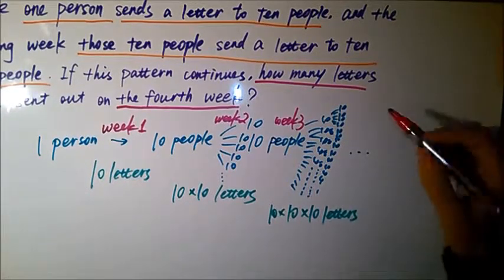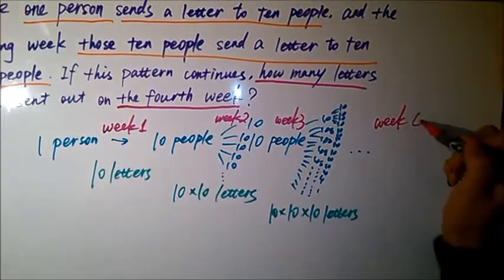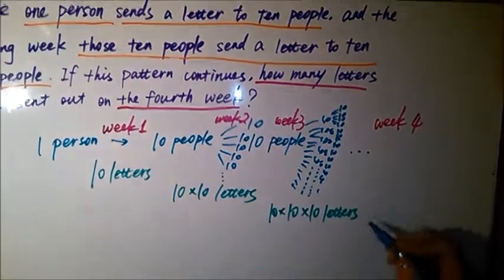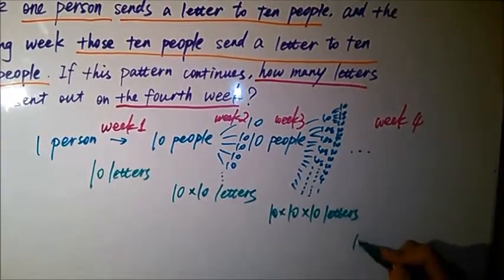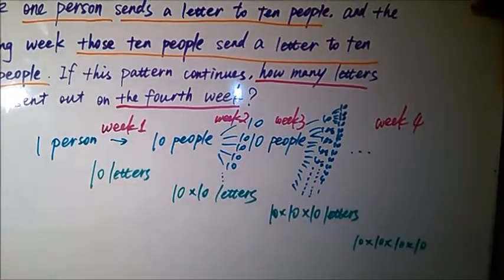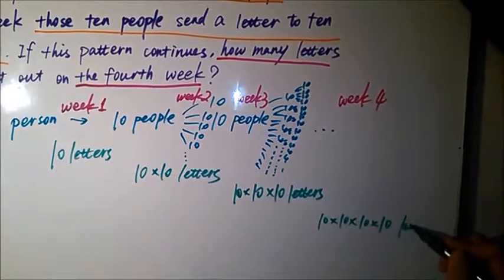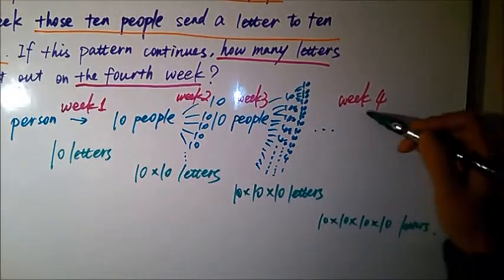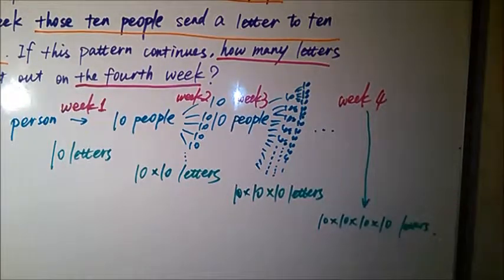Which in turn, from those last 10 group of people, are multiplied by 10 more letters. So we're going to have 10 times 10 times 10 times 10 on the 4th week of letters.